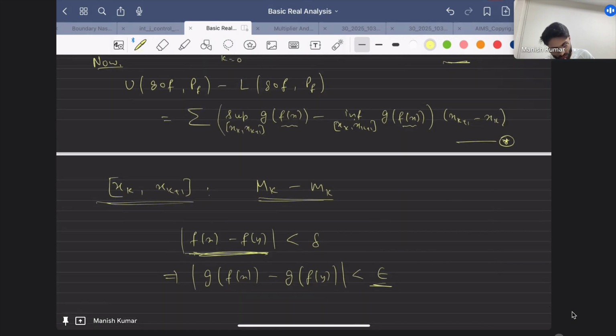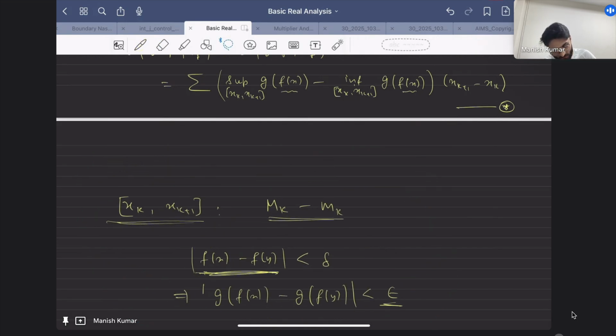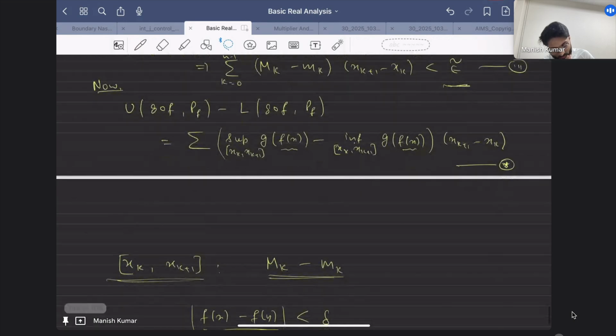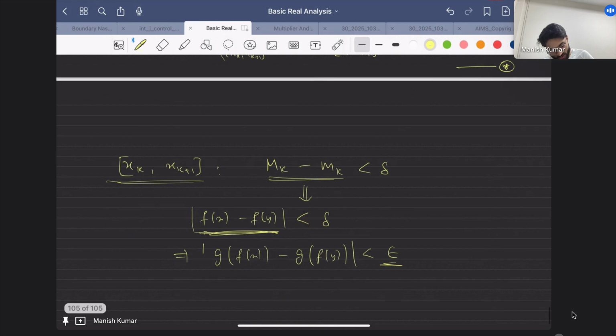So let me write it in this way. I have to make sure that this becomes very small, less than delta. That will force this to be small, and this will force that to be small. So I think I'll have to consider a refinement.